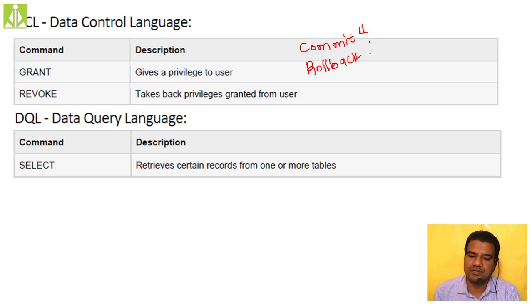These two commands also we will see in today's session, and they are also part of your data control language, DCL. So we have grant, revoke, as well as commit and rollback. These four commands we have as part of your data control language.